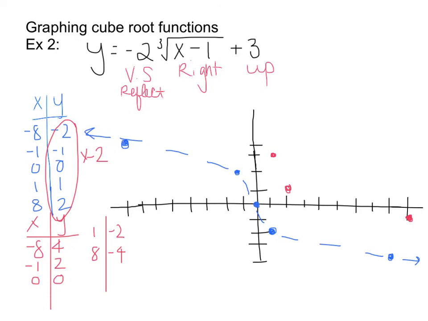Right 1, up 1, 2, 3. And then I think I need to add some more at the top. Then you go to the right 1, and up 1, 2, 3. And so your final graph is this pink one over here.